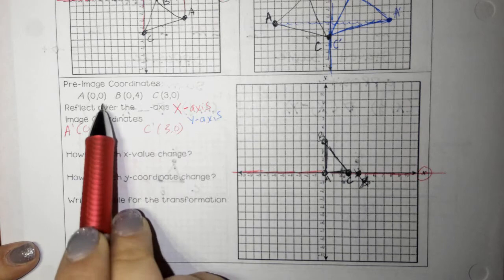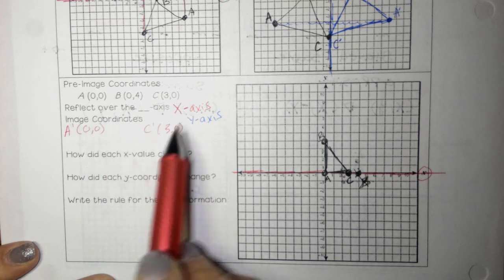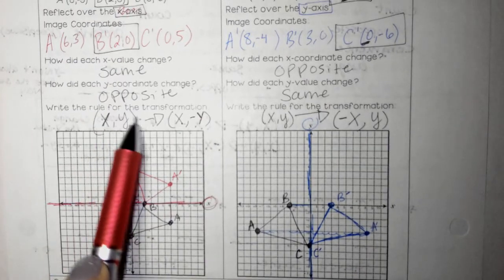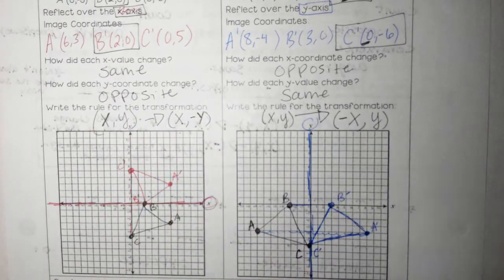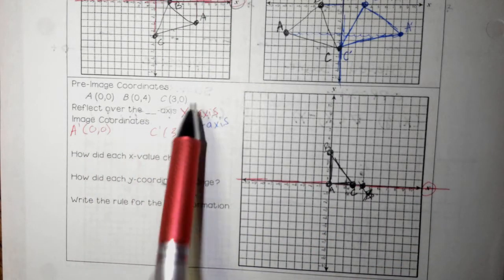In an x-axis reflection, the y value has to be opposite. But the y values can't be opposite here because the y values are 0.